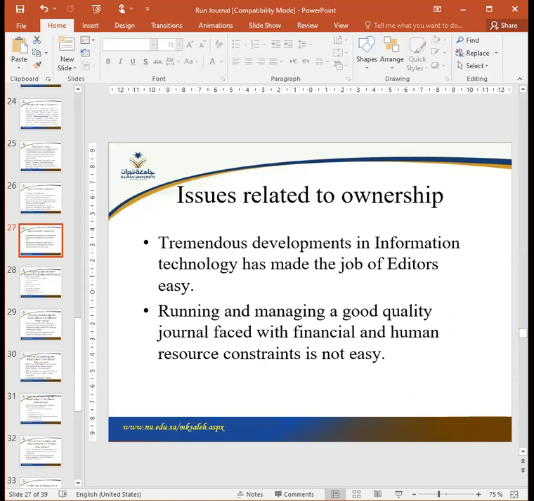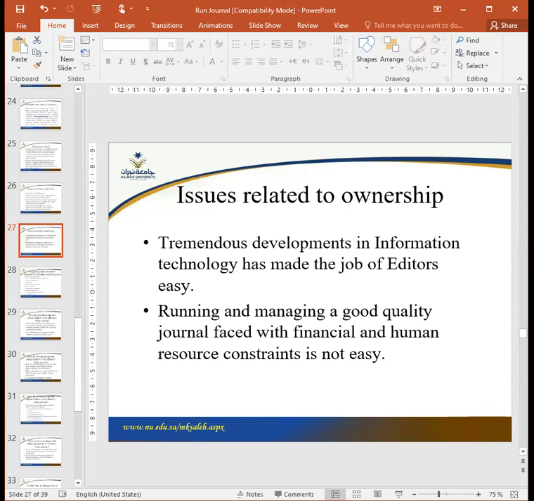But at the same time, it has also put them under a lot of stress, and it has become quite difficult for editors to come up to the expectations of the authors, who are quite impatient, like me, and wish to see their manuscripts in print as soon as possible. They are also known to be the most dangerous pressure group which the editor has to face.